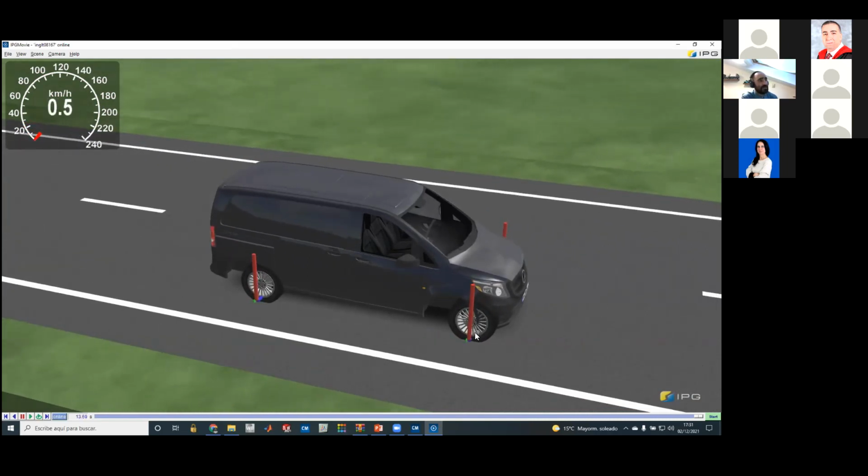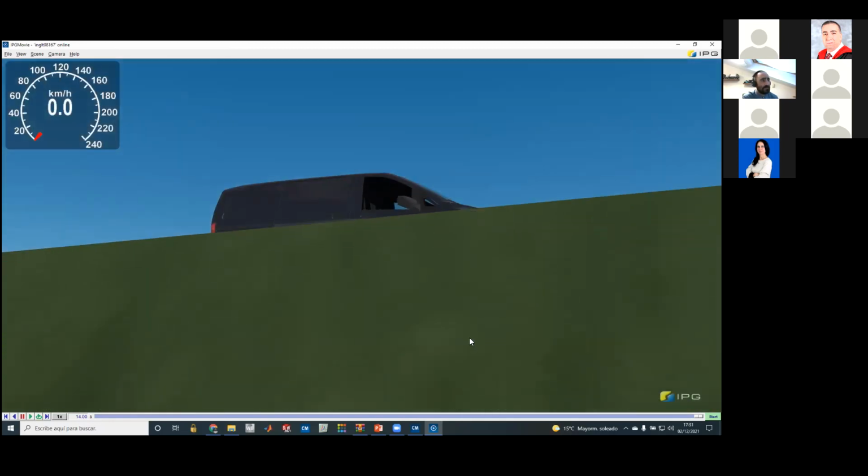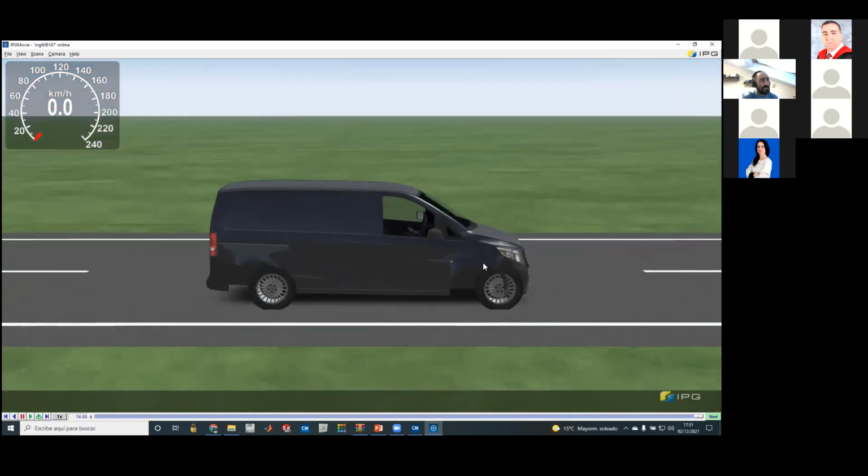This will give us the opportunity to analyze the dynamic behavior of the system. In this experiment, as we have changed the position of the wheels to improve the stability of the vehicle, we have some graphic problems. But the key point of the experiment is here.